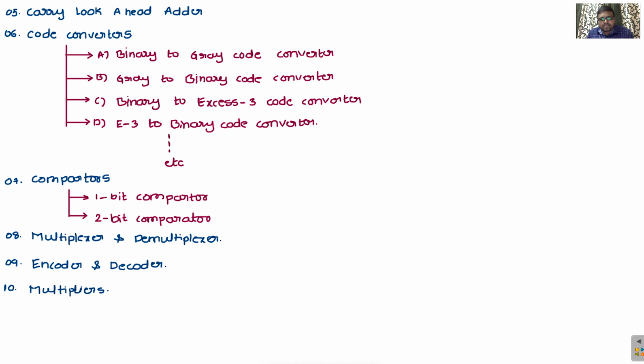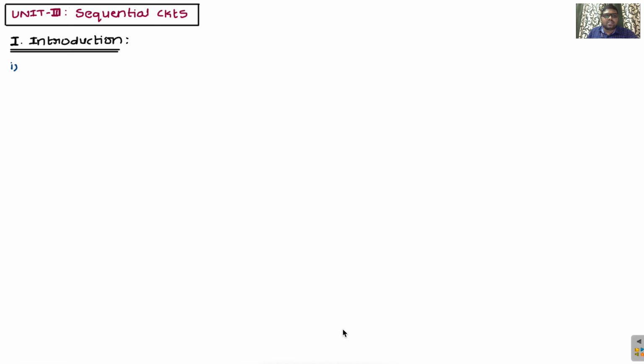And next, the third unit. In this third unit we have sequential circuits, and in that sequential circuits we have three parts. One is introduction, second one registers, and third one counters. First, introduction.